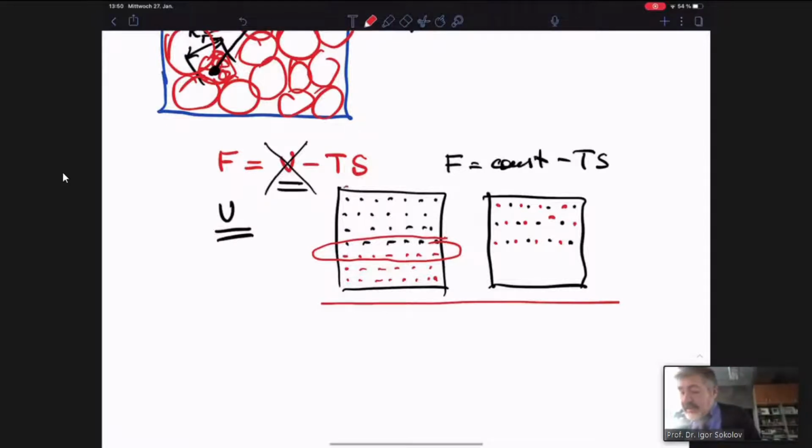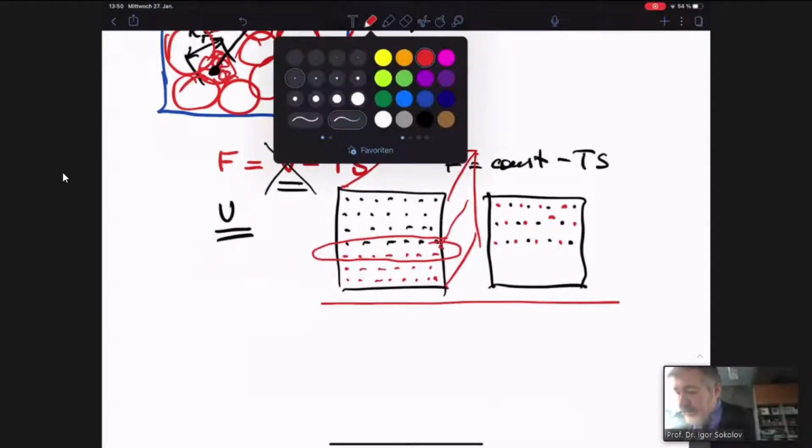Imagine that this is in 3D, and essentially this is a cube, and it's huge. The total amount of atoms is very large.